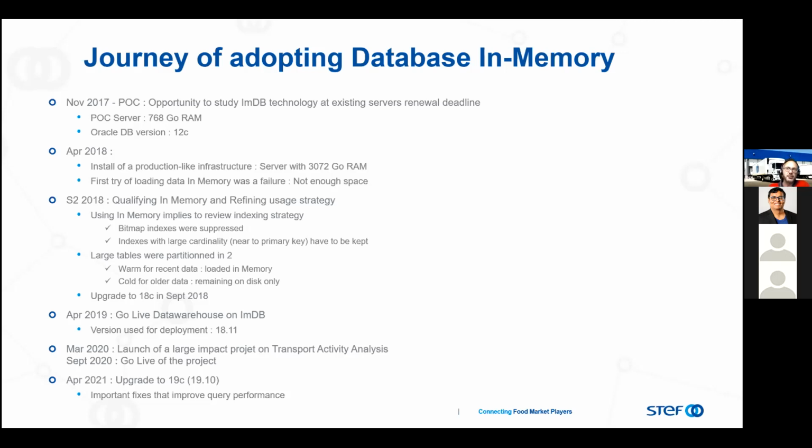And in 6 months, we went live with a new data mart that I will explain in the next slide, which is the largest creation we did on in-memory to date. But before that, last April, we upgraded to 19C, and now our production is 19.10. And there are important fixes that improve query performance in this last version.